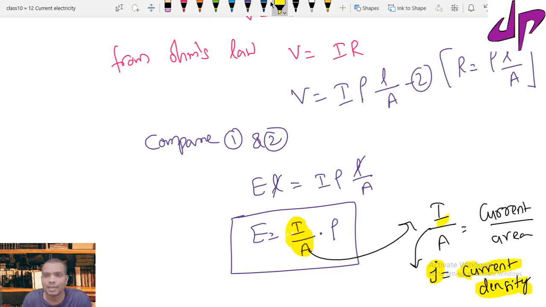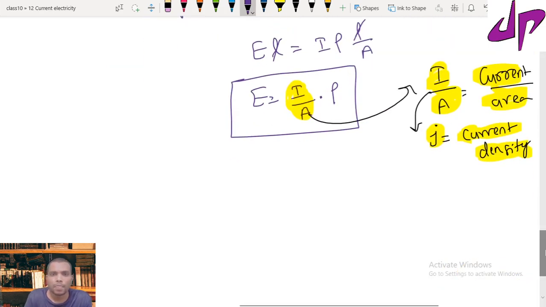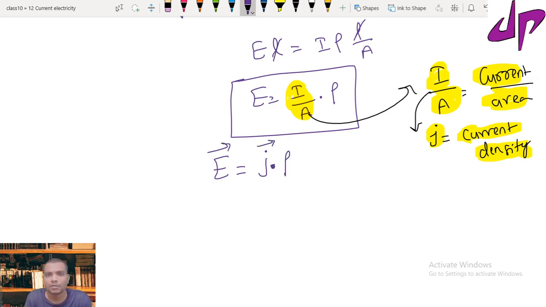Length and area are vectors, so the current density is a vector. Now I can replace I upon A with J. Therefore electric field E equal to J times rho. Electric field is a vector and current density J is also a vector. It is not supposed to be a dot product, just times.